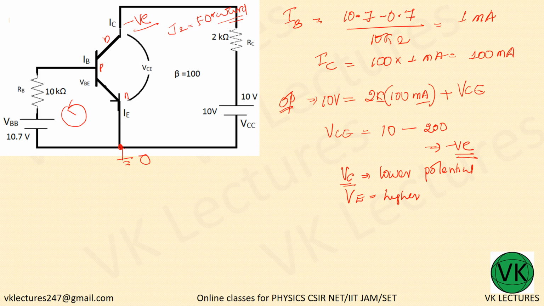And here also our base, P connected to P. So P connected to P, N connected to N, so this is also forward. Junction 1 is also forward. Junction 2 is also forward. So forward and forward, both are F and F. Saturation. So the first one is saturation.